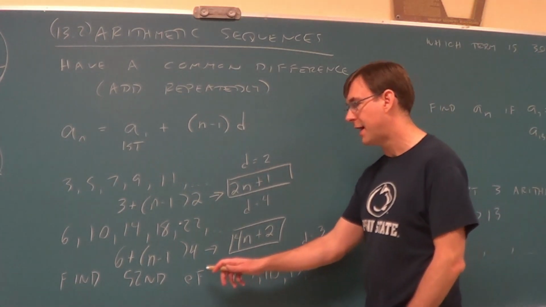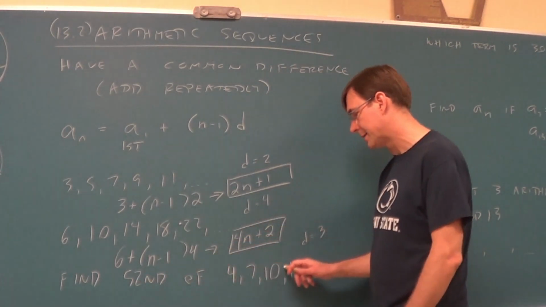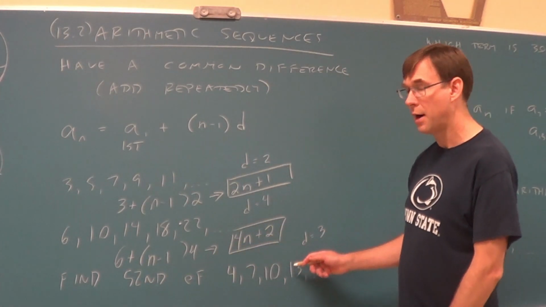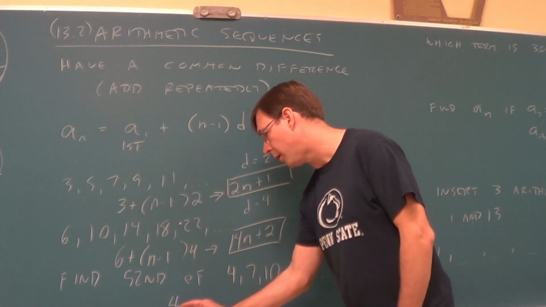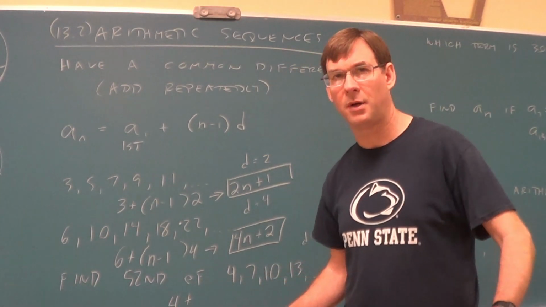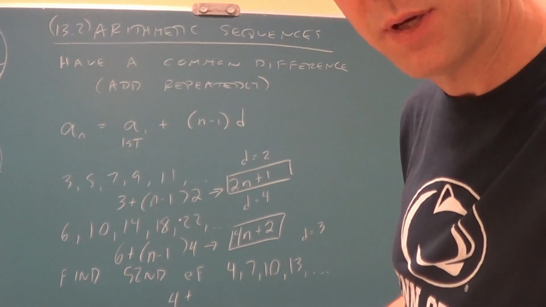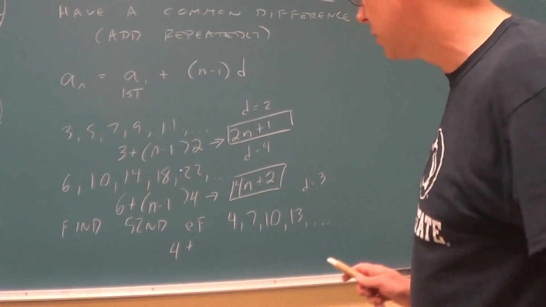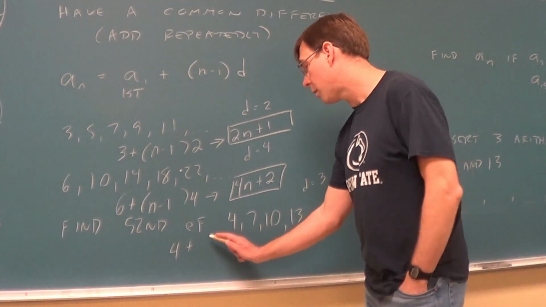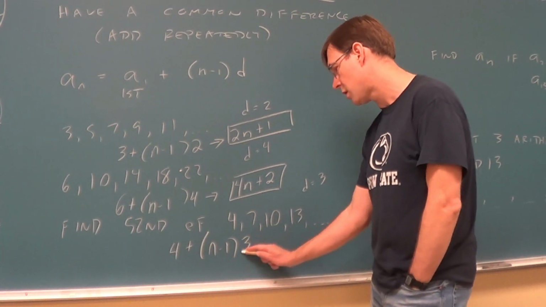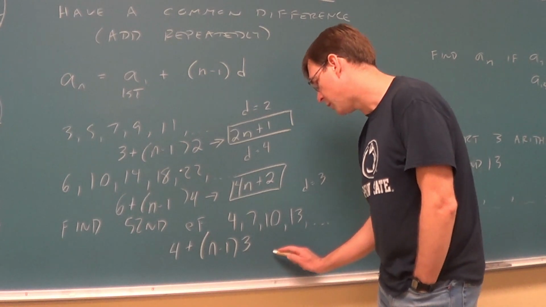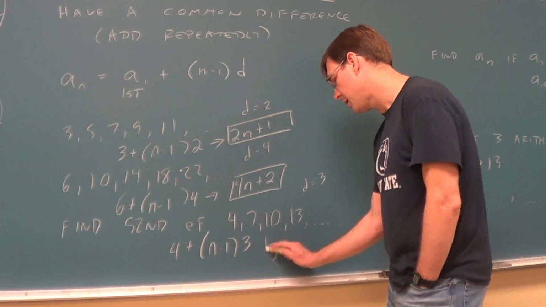So the best way to find the 52nd term of this is to work through the general term. The general term for this, we'd want to go 4 plus n minus 1 wants to distribute a 3. If we clean this up, we get 3n plus 1.